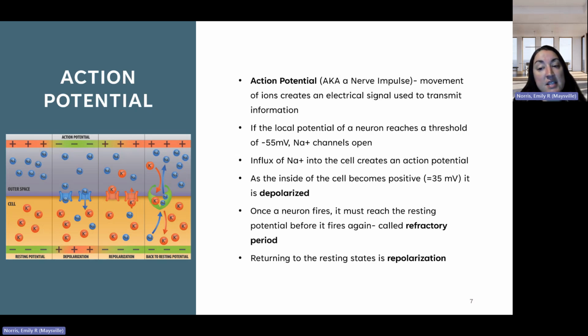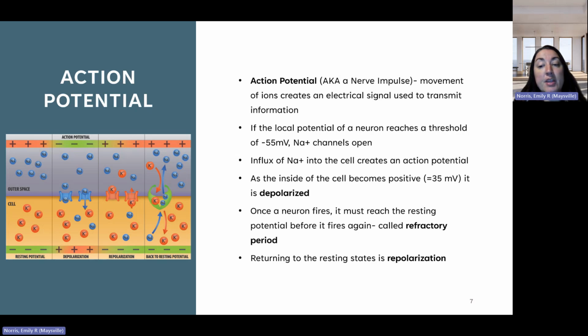This causes the inside of the cell to become positive, up to 35 millivolts, and that's called depolarization. So the inside of the cell, because the sodium has rushed in, depolarizes, which causes an action potential.